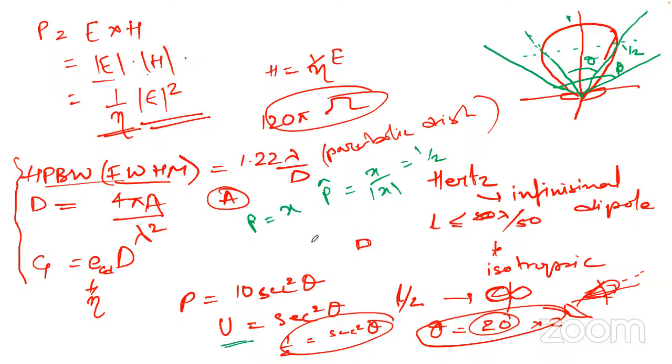Any other doubt? So in general, shouldn't we perform the normalization where we integrate this function p from minus infinity to plus infinity and equate it to one? Yeah, you can. That is the general way to do it.